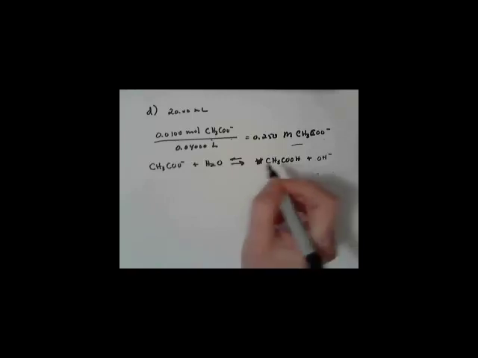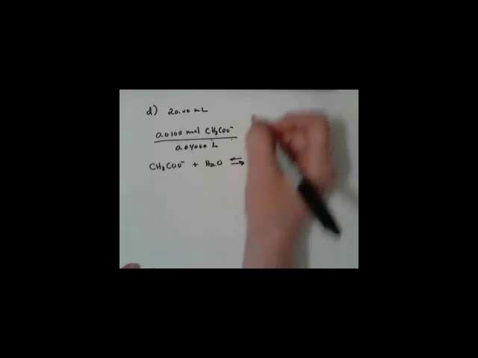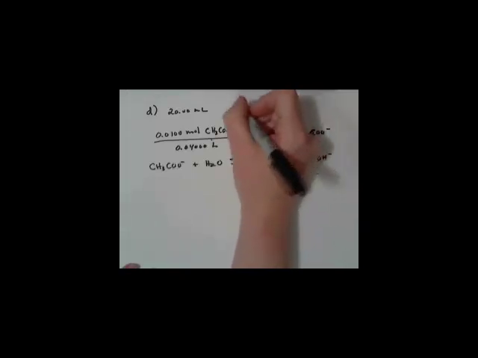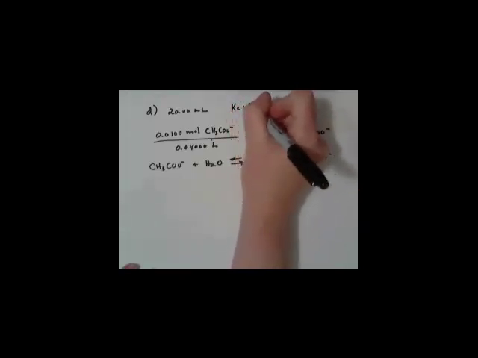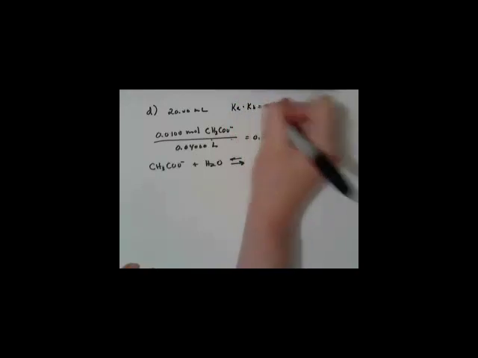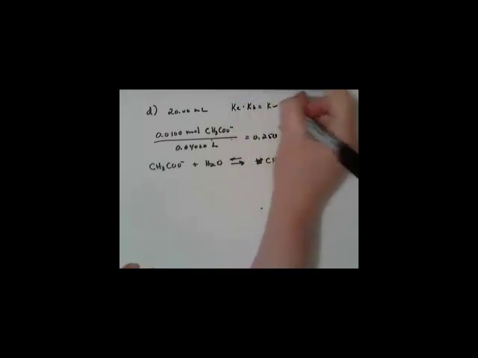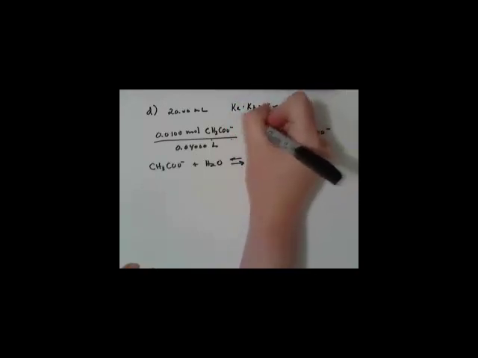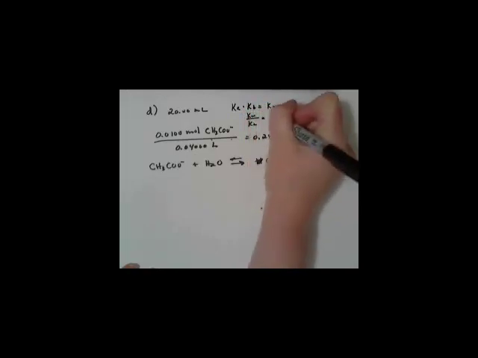So anyway, Kb for this reaction is going to be, remember the relationship between Ka and Kb is Kw. So Kw over Ka is going to be 1 times 10 to the negative 14, and Ka was 1.8 times 10 to the negative 5.